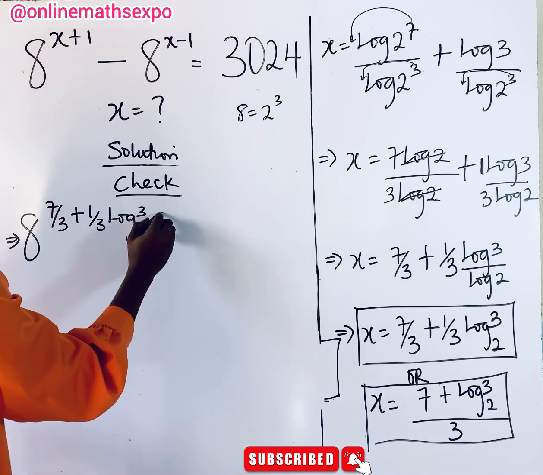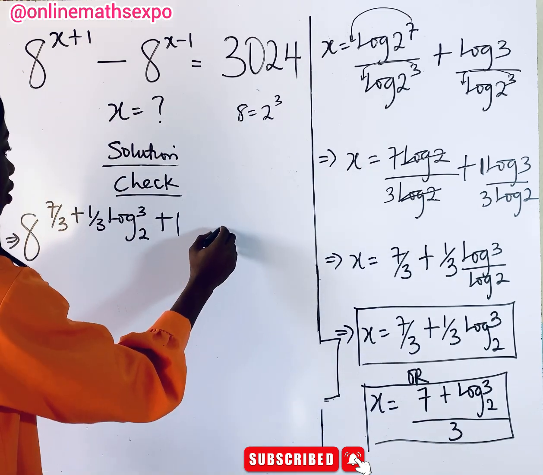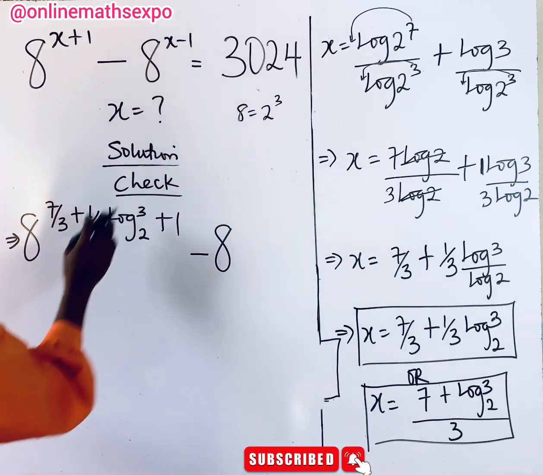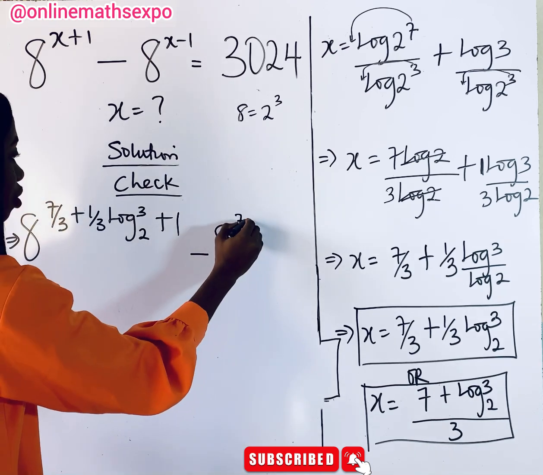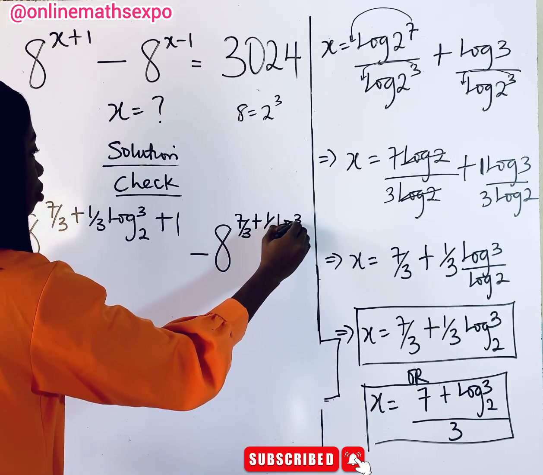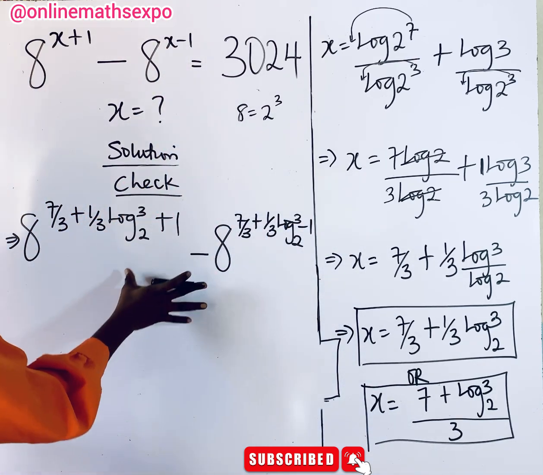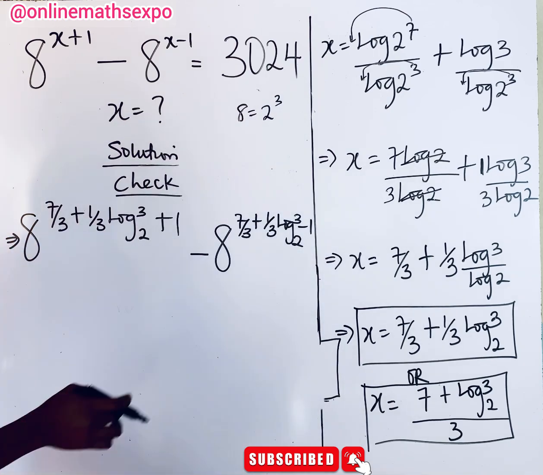Then bring down plus 1. I hope you are seeing what we are doing. Okay, then we have minus 8. Repeat your value of x as this, which is 7 over 3 plus 1 over 3 log 3 base 2. Then minus 1. Okay, now let's check if it will be equal to this value here.